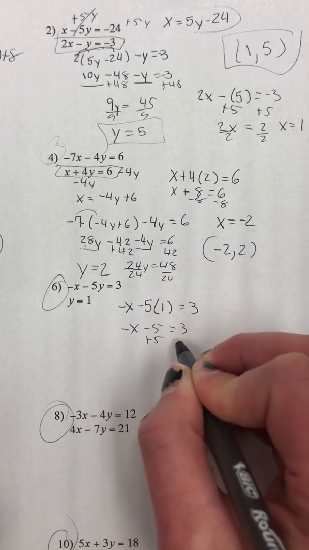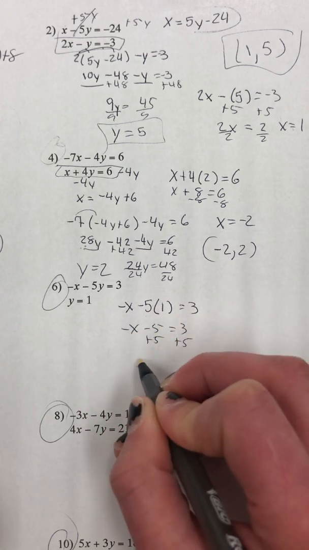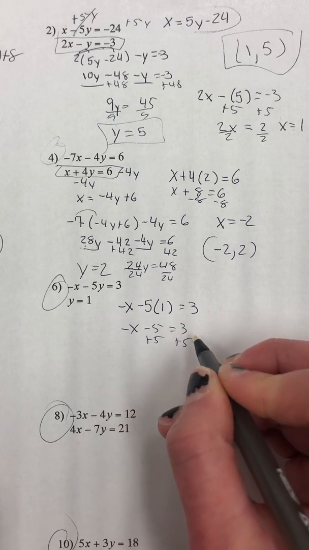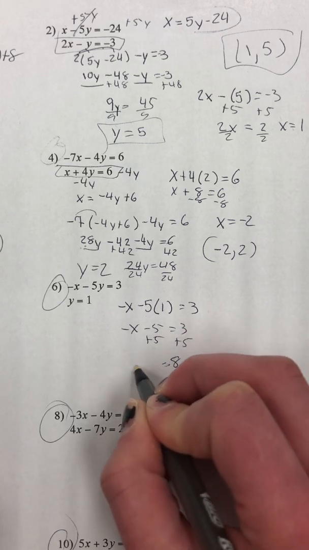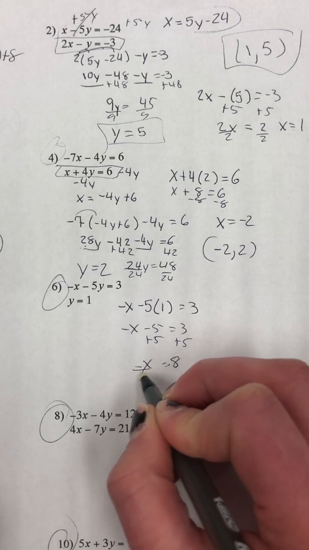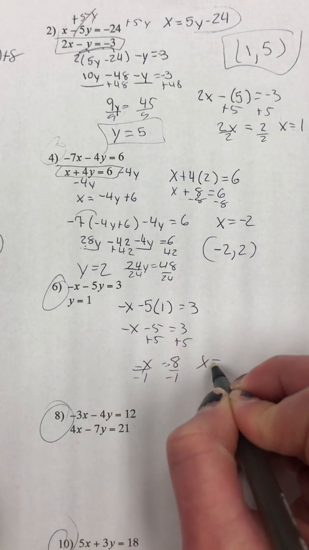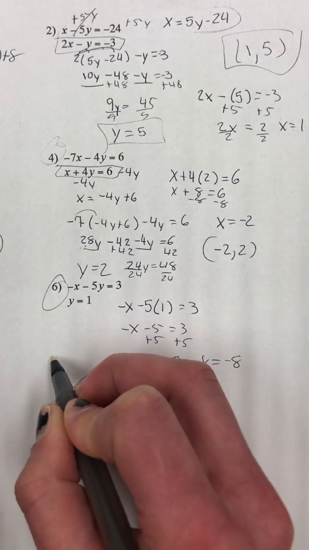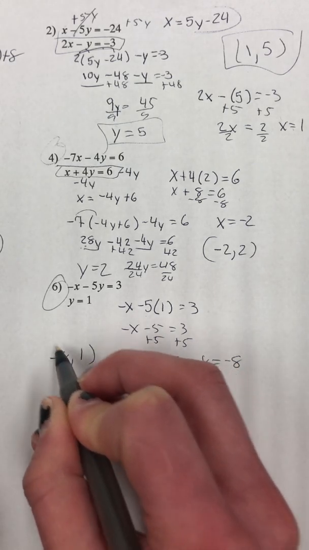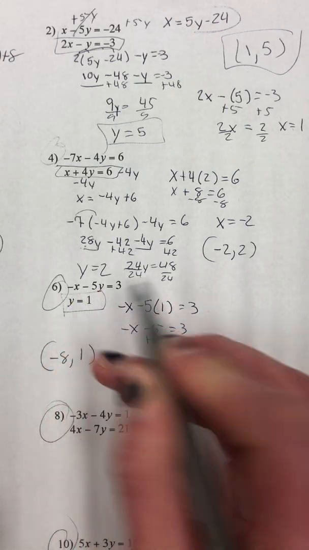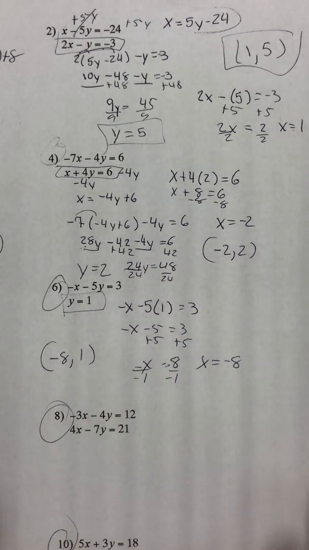We're going to add 5 to both sides. Eight equals negative x. We're going to divide by negative 1. X is going to equal negative 8. So our point is negative 8, 1. Because we already knew y equals 1.